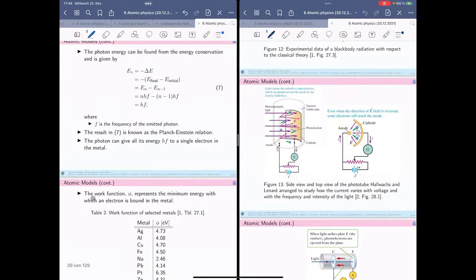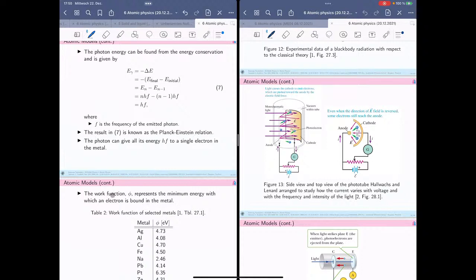And the work function, right now we will talk about the work function, which is denoted by the variable theta. It represents the minimum energy with which an electron is bound in the metal.